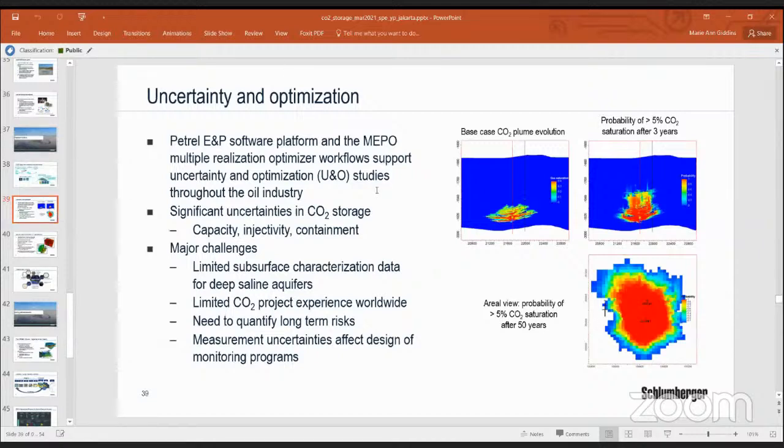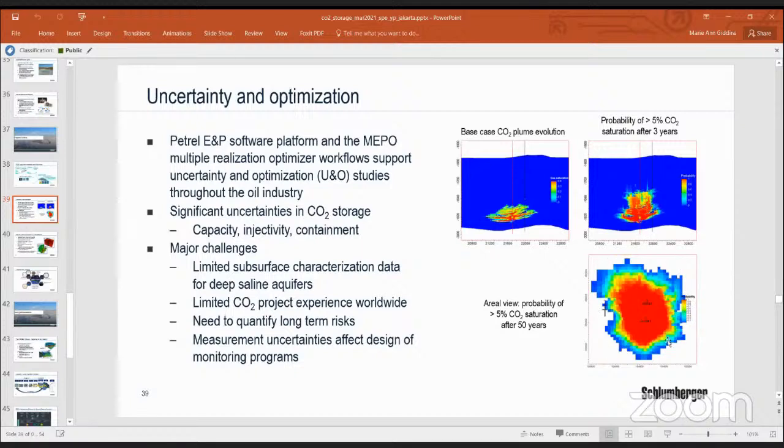The pictures on the right show probability maps looking at the probability of 5% CO2 saturation after a period of time. The top map shows a cross-section with the probability of greater than 5% CO2 saturation after 3 years of injection.